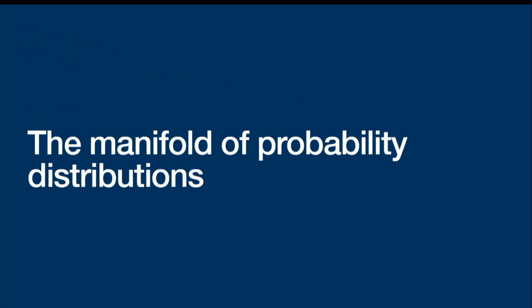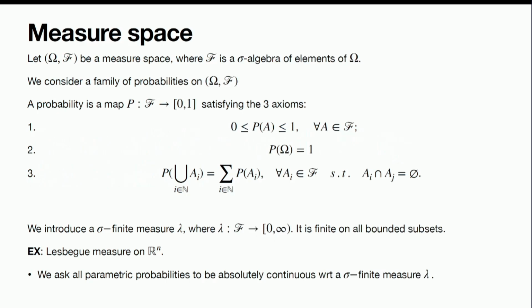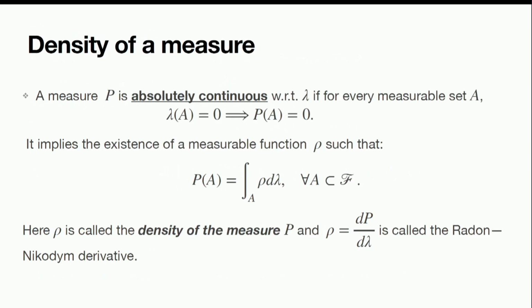So let's start with the central object here, which are manifolds of probability distributions. So I recall this just in case someone doesn't know what is a measurable space and probabilities. I hope everybody does know. So that's briefly some recollections. And in particular, an object that I will be considering is the following.